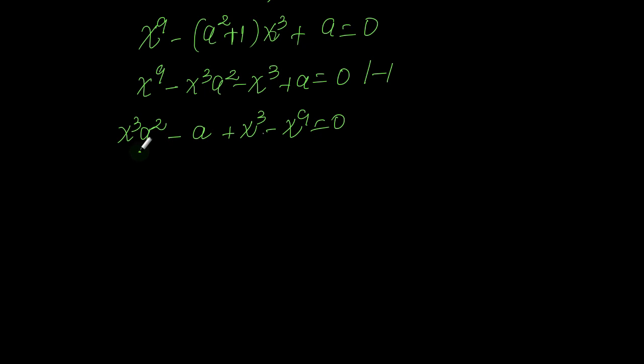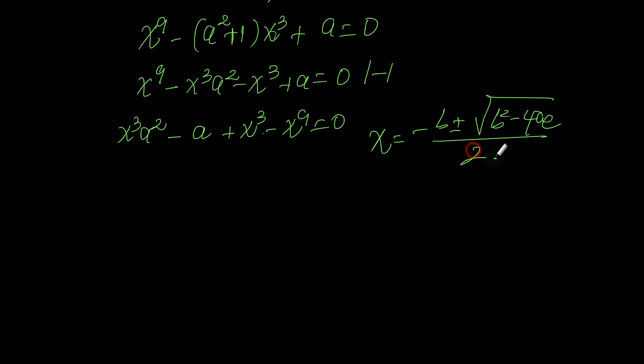So we will have the quadratic formula: x equals -b plus or minus square root of b squared minus 4ac, all divided by 2a.